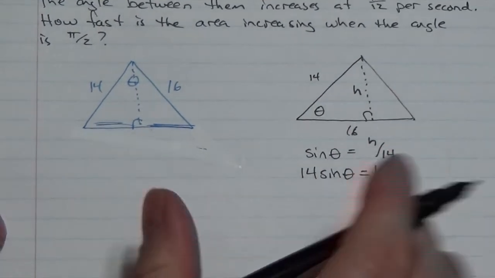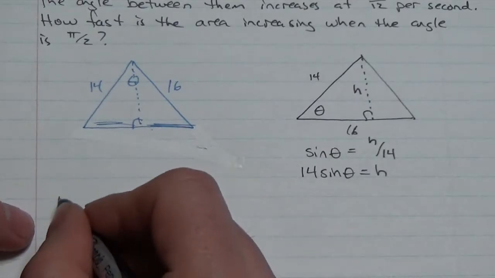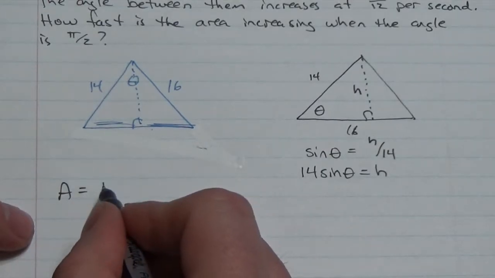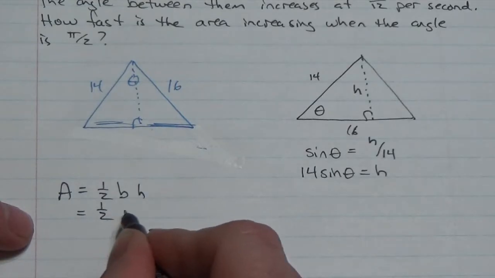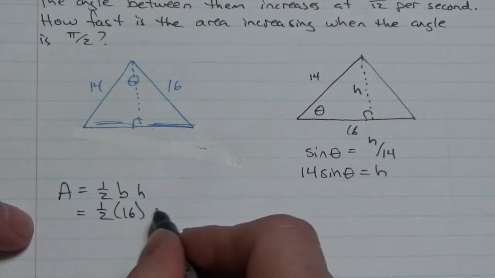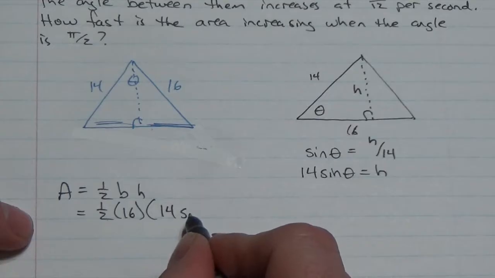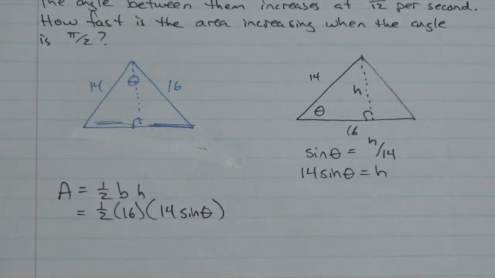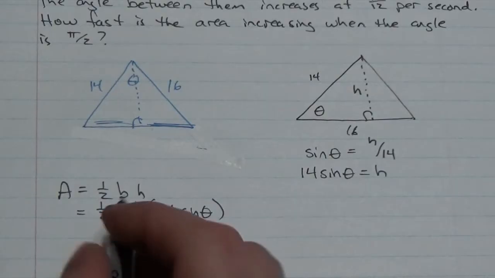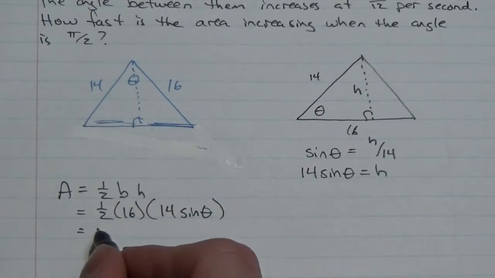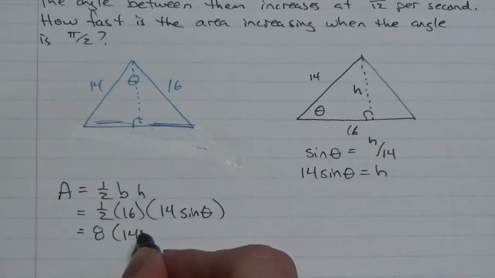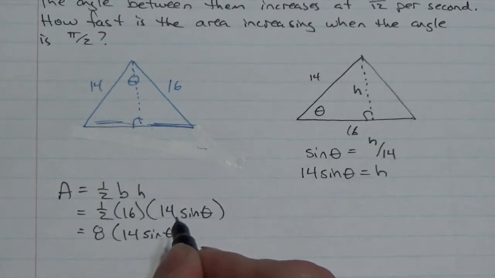Okay, so now I can come up with an expression for the area of that triangle. It will be 1/2 base times height: 1/2 times 16 multiplied by 14 sine of theta. Let's just make this easy. Half of 16 is just 8, multiplied by 14 sine of theta.